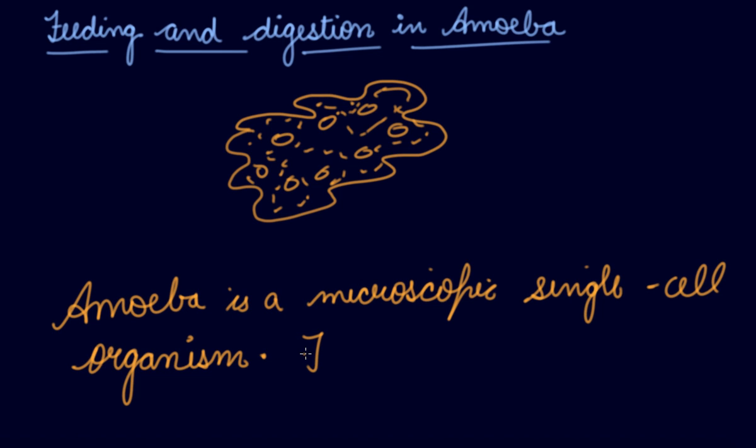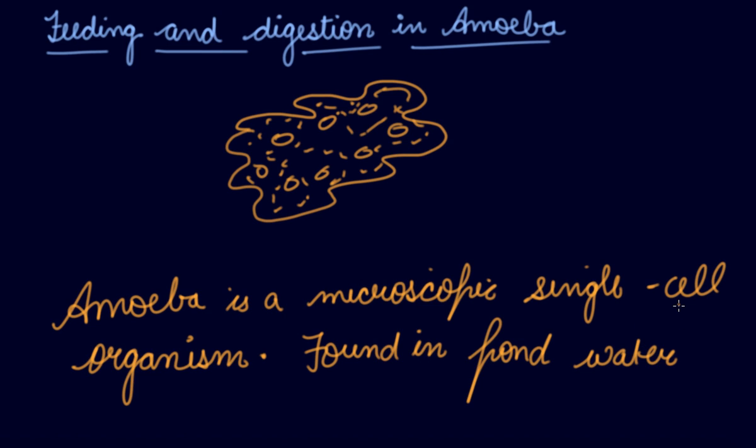These are found in pond water. Now amoeba has a cell membrane, a rounded dense nucleus and many small bubbles like vacuoles in its cytoplasm.